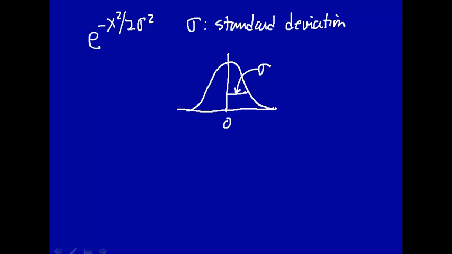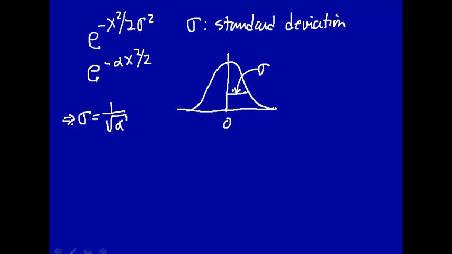If we compare that to the term in the solution of the Schrodinger equation, which we've written as minus alpha x squared over 2, we find that the standard deviation sigma is defined as 1 over the square root of alpha. Again, alpha has units of inverse meter squared, so this has units of meter, or length.